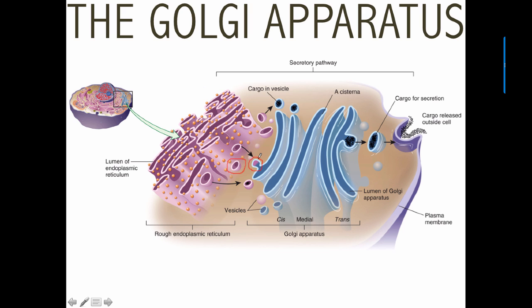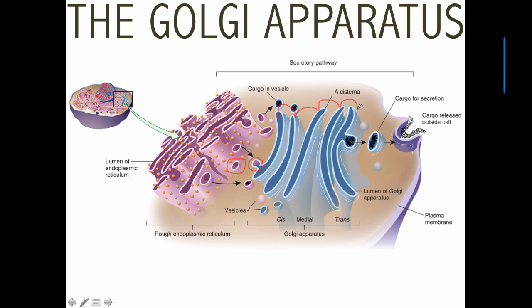It's going to fuse with the Golgi, and then another vesicle will leave up here and end up fusing down in the next stack of the Golgi, also called a cisternae, and another vesicle will leave and come into the next stack, and another one will leave.